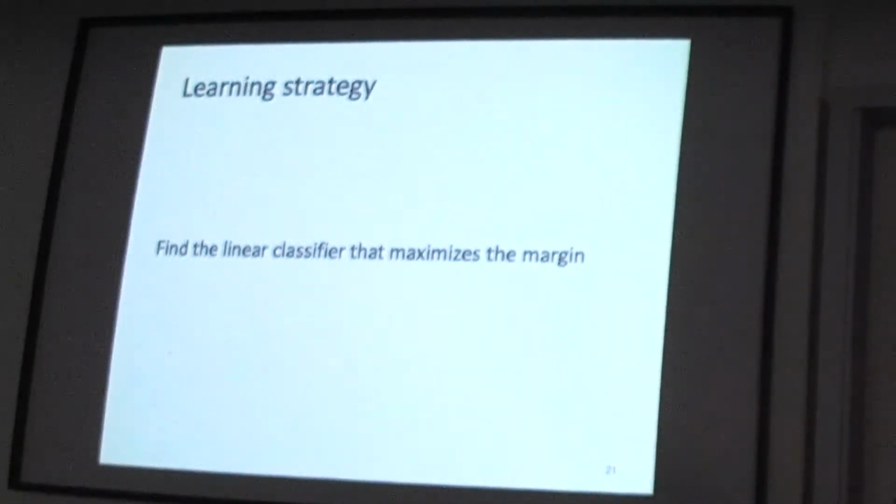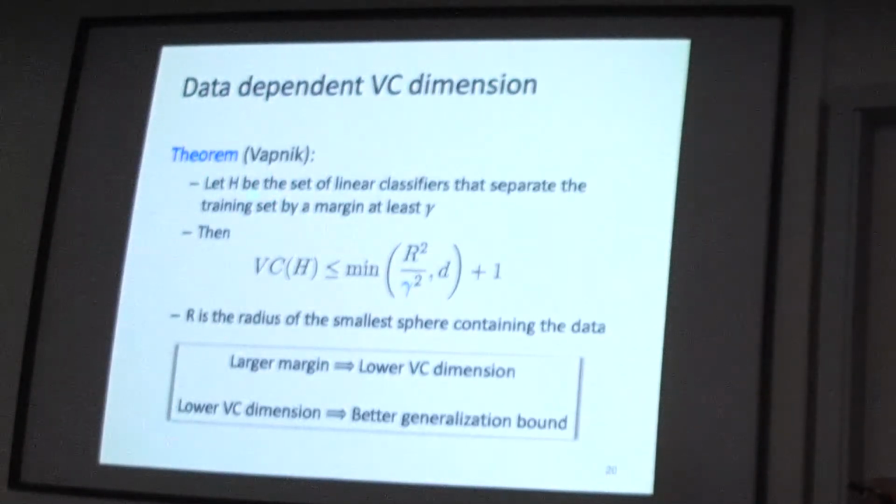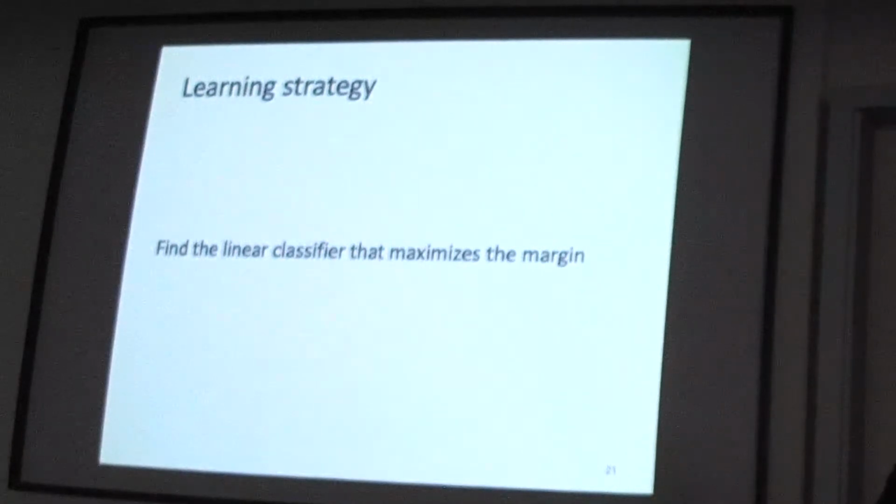That means I get the lowest VC dimension, meaning I get the tightest bound for the generalization error, and then we expect to get the smallest generalization error bound.